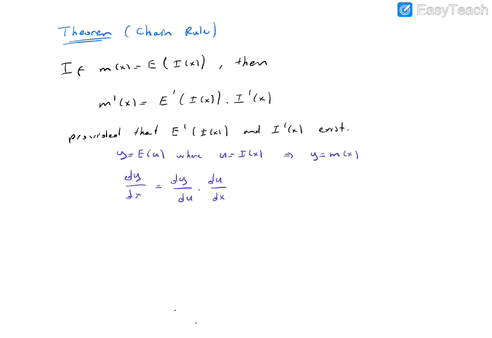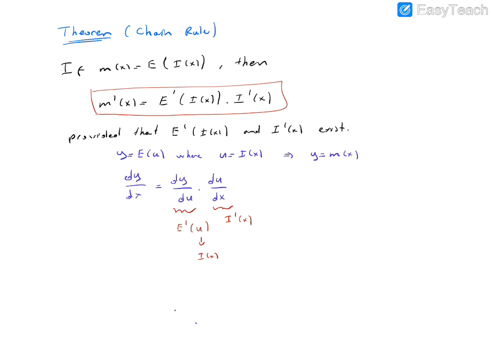Here you should be careful, because the derivative of y with respect to u is the derivative of e, but at the point u. So what is u? u is i of x, and the derivative of u is the derivative of i with respect to x. So we obtain the same result with a different notation.